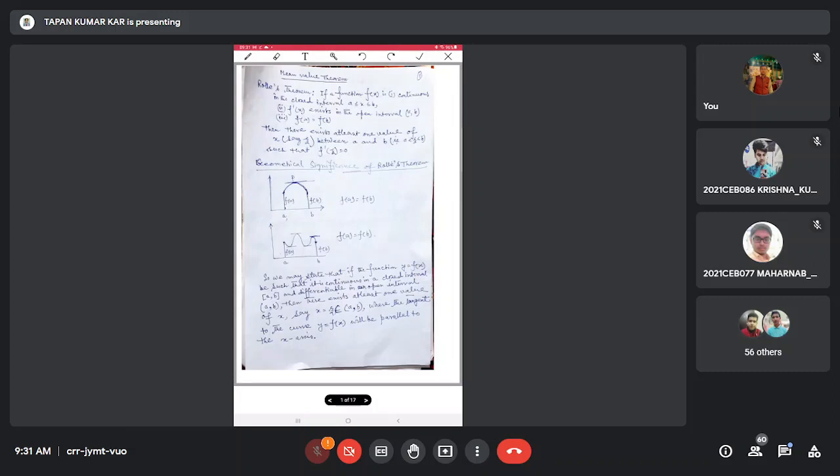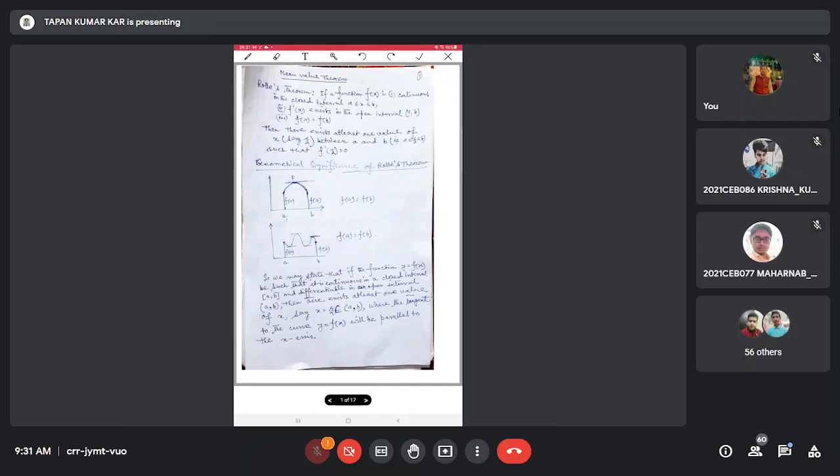There may be question that verify Rolle's theorem for the given problem. One problem will be given that verify Rolle's theorem, means you have to check whether f(x) is continuous in the closed interval or not, f dash x exists in the open interval or not, f(a) equal to f(b) or not.